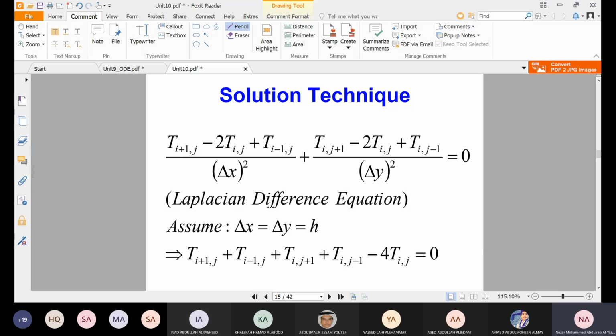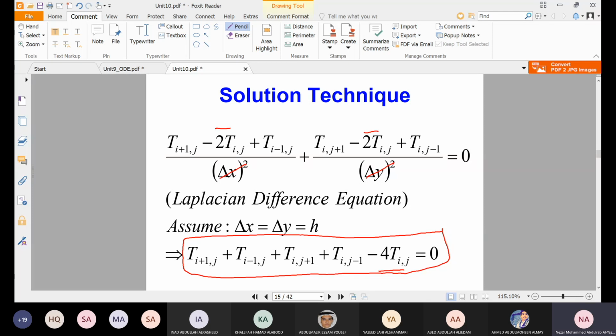So if we multiply both sides by h squared, this will cancel. After that, we can combine these terms, so you will have minus 4 T i j, and this will be the equation of the elliptic equation using finite divided difference.